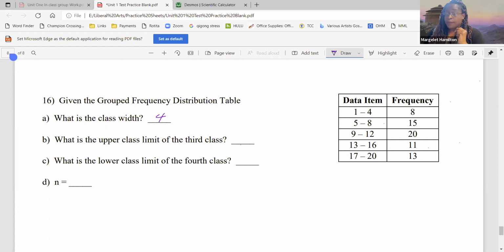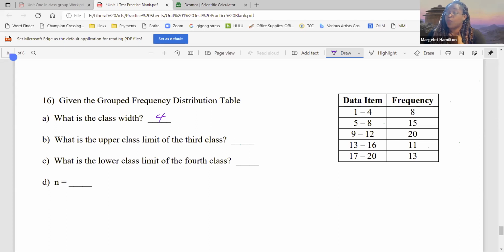You can count, but you can also subtract the adjacent lengths. So if I went from the lower class limits and subtracted, right? So 5 minus 1 gives me 4. 9 minus 5 gives me 4.